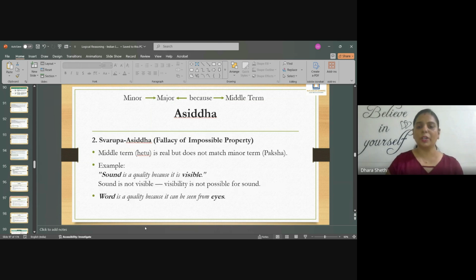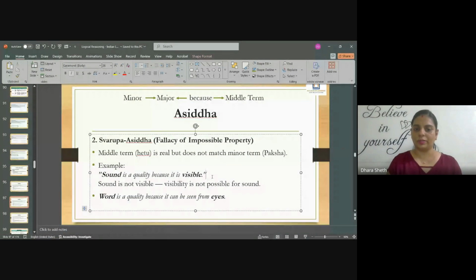Next, swarupa asiddha. Fallacy of impossible property. Middle term is real, but does not match the minor term. Sound is a quality because it is visible. Now, visibility is not possible for sound. Another example of this is: word is a quality because it can be seen from eyes.